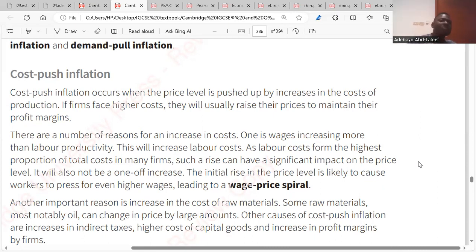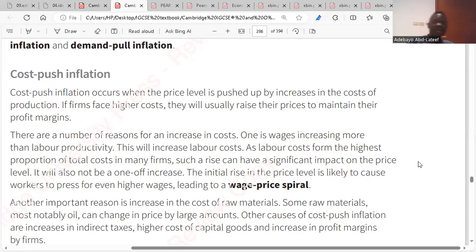So this takes us to cost push inflation. Cost push inflation is caused by an increase in the cost of production. So if firms have to increase their profit margin, they have to increase the price.